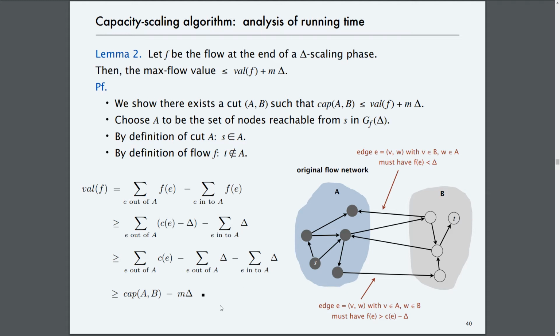And thus we get that this here has to be greater than or equal to the capacity of the ST cut of AB minus all the edges in the graph times delta.